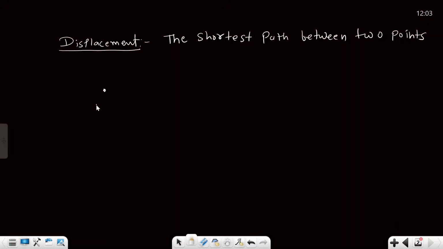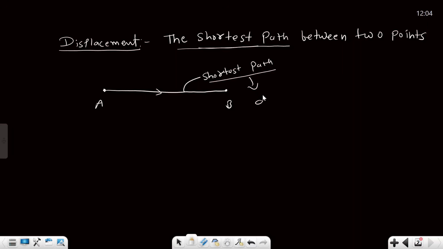Like we are taking the same example, there is a point A and there is a point B. If you want to go from A to B, then you have to choose the shortest path. Listen carefully. The shortest path will be the straight line going from A to B, that is the shortest path between A and B, and this shortest path is called displacement.